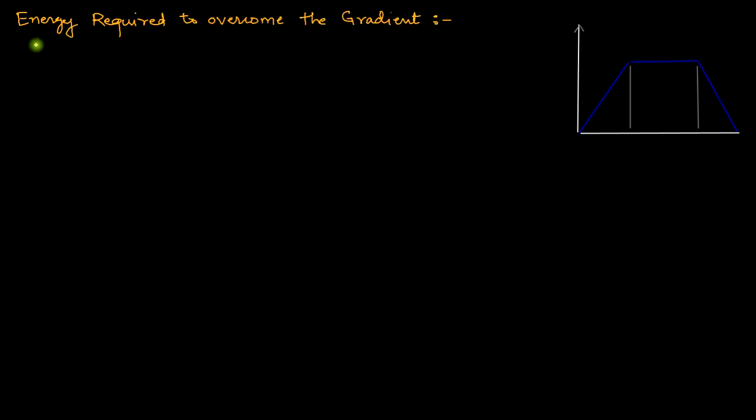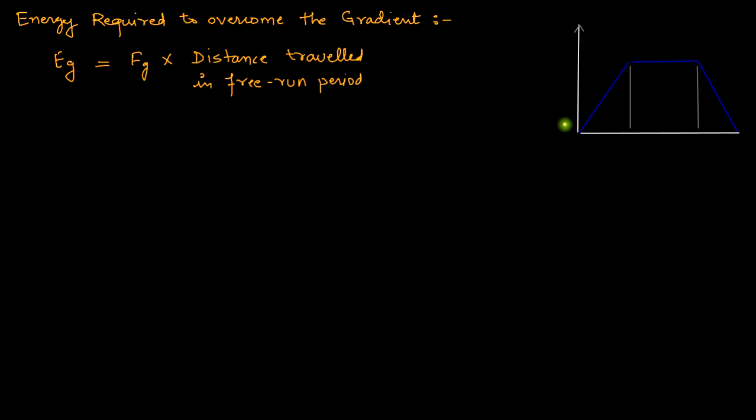Now let us calculate the energy required to overcome the gradient, and say the energy required to overcome the gradient is Eg, and this will be equal to Fg times distance traveled during the gradient, I should rather write in the free run period, because we generally consider the train is under the effect of resistive forces and gradient in the free run period only.